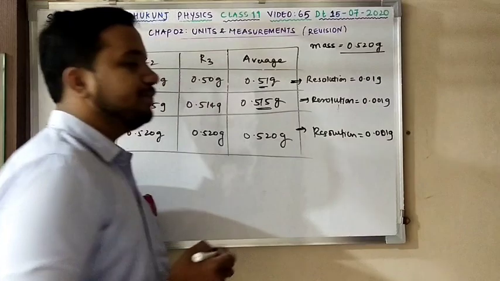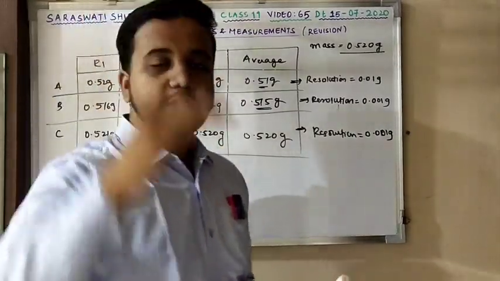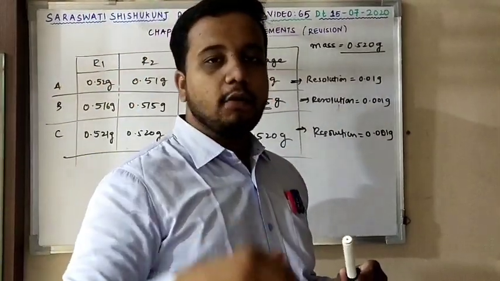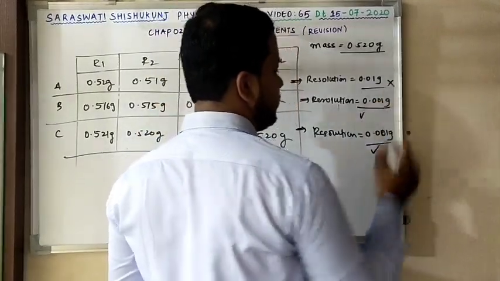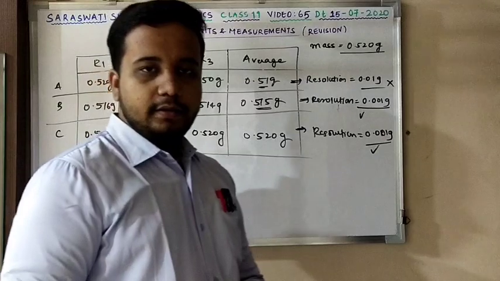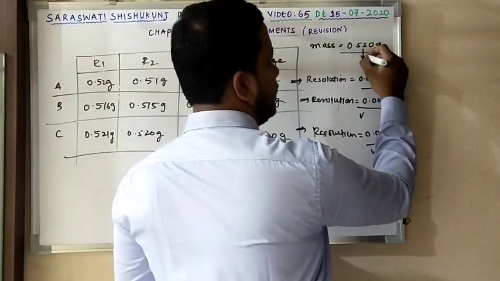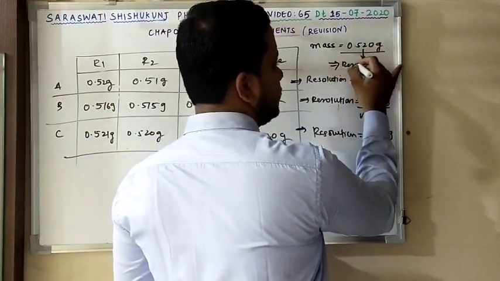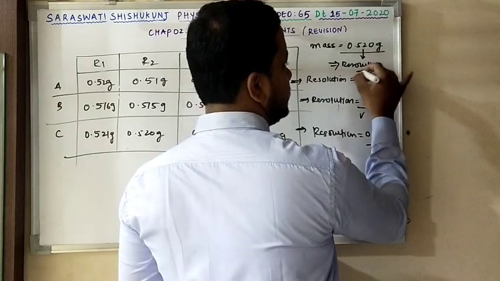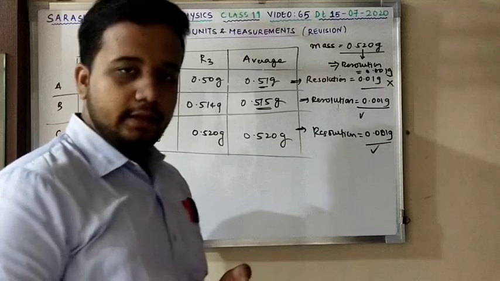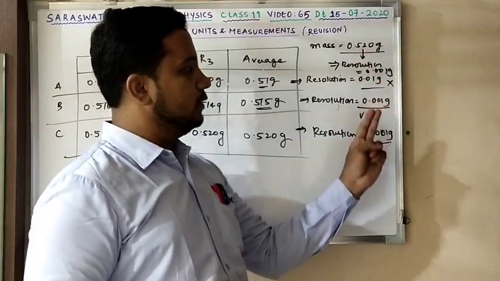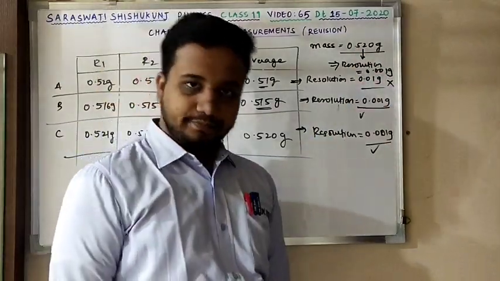Is this clear? I have already told you that the smaller the resolution and least count, the more precise. This is also precise, this is also precise, but this is not precise. Clear? And the given true value also has a resolution of 0.001 grams.